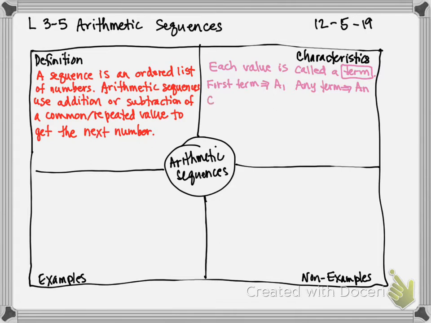There's also a common difference we talked about, between each term, or between two terms. And we're going to use d to represent it. And as I mentioned a moment ago, that d value is always constant, just like what else have we studied that is always constant in a linear equation?